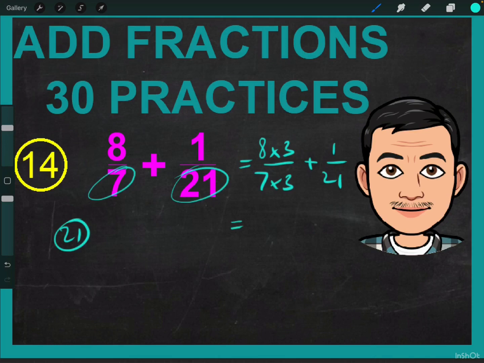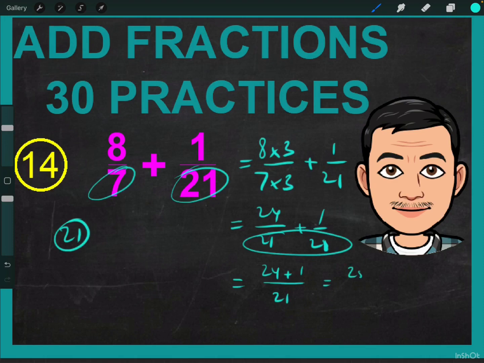So we get 8 times 3 is 24 over 21 plus 1 over 21. Now the two fractions have the same denominator. All we need to do is add the two numerators, 24 add 1 over 21 equals 25 over 21. That's the answer.